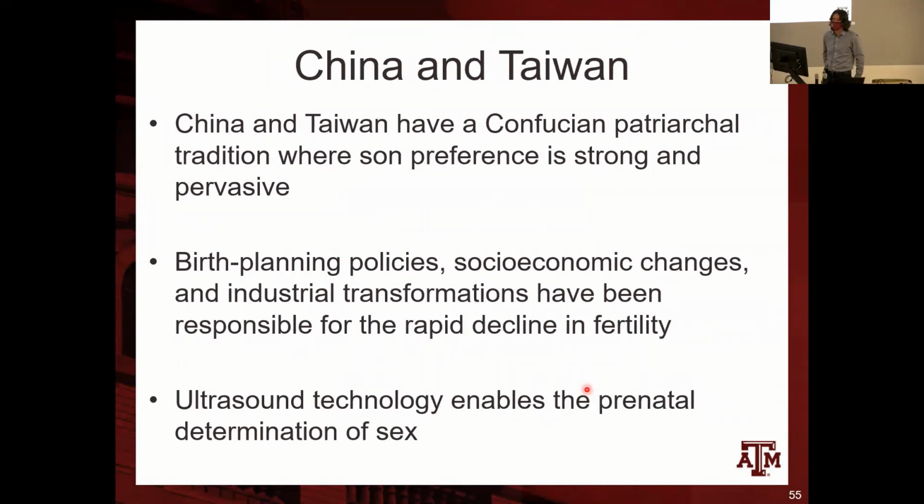China and Taiwan have a Confucian patriarchal tradition where son preference is strong and pervasive. Birth planning policies, socioeconomic changes, and industrial transformations have been responsible for the rapid decline in fertility. And then ultrasound technology enables the prenatal determination of sex. This is exactly what I mentioned to you guys before.